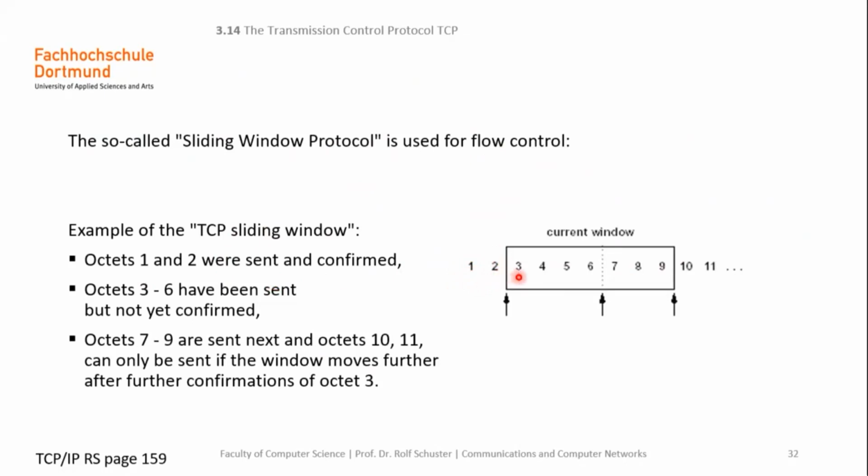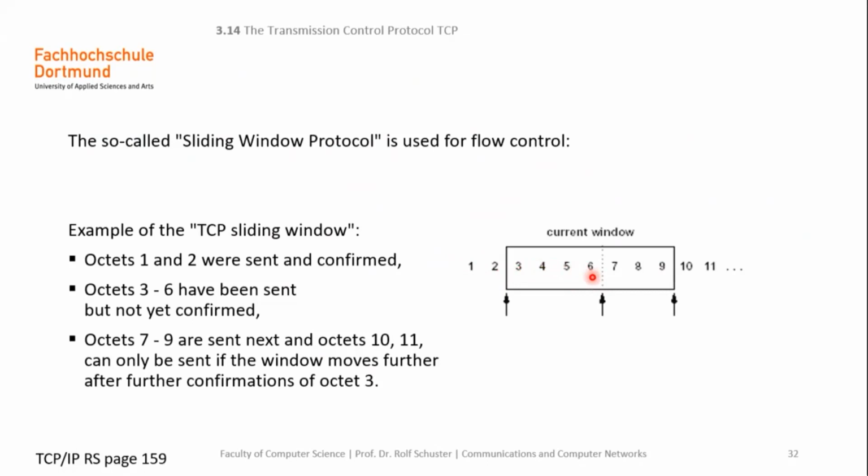But in order to continue transmitting, there are some octets that are transmitted, for instance, 3, 4, 5, and 6, but are not yet confirmed by the receiver.